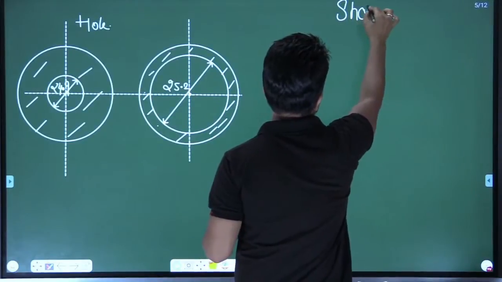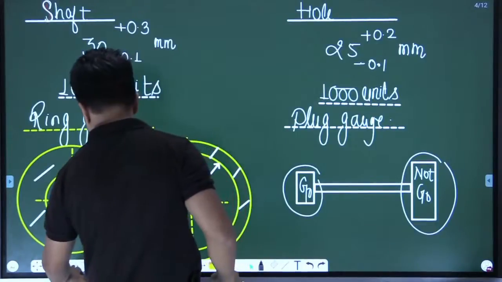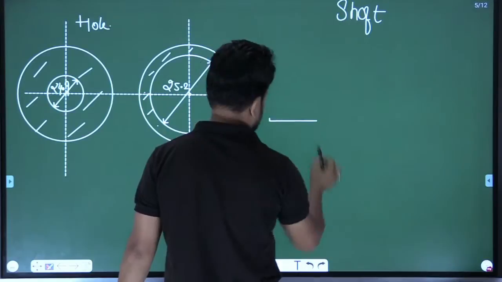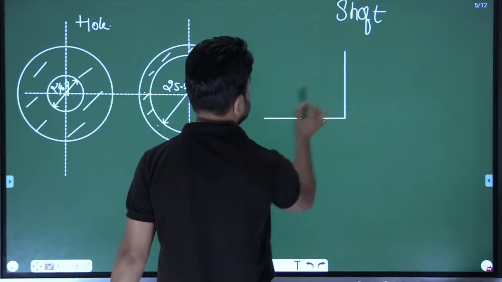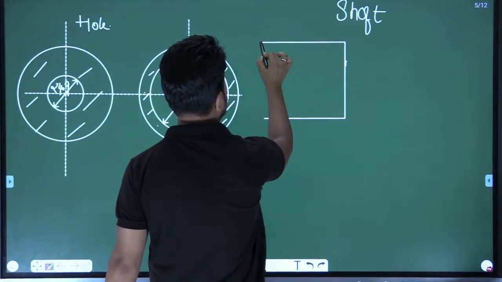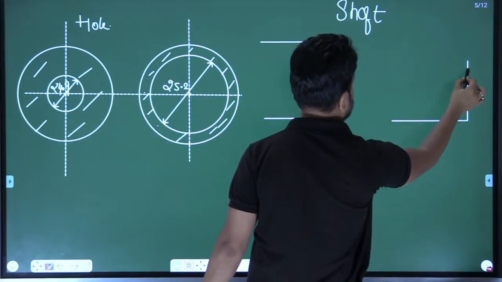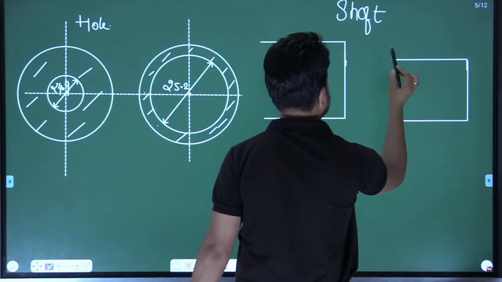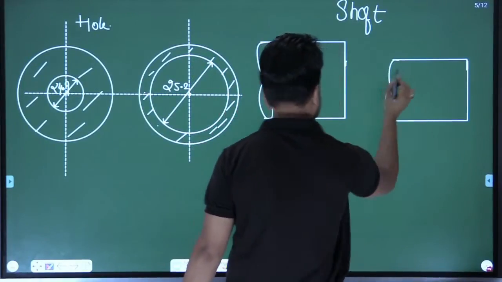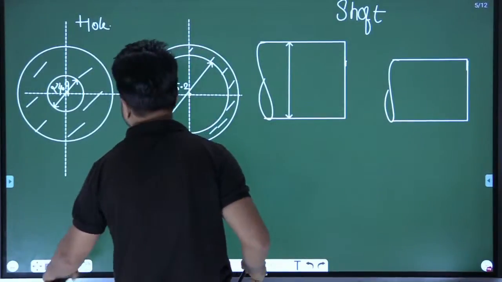Suppose this is my shaft product and the dimension is 30. Two shaft dimensions can be possible. Look, this is a shaft. One dimension is 30.3, right?